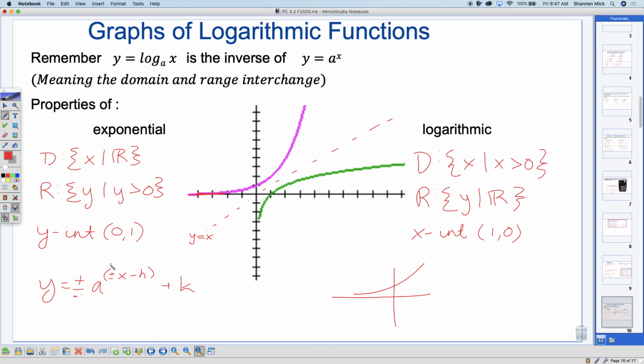Okay, so over here, we have y equals plus or minus a log, oh, I need to do it different. We're going to say b, because I put an a there, of x minus h plus k. Oh, and there's a plus or minus there. Okay, so plus or minus here reflects it over the x-axis.